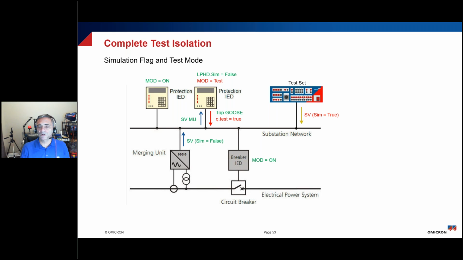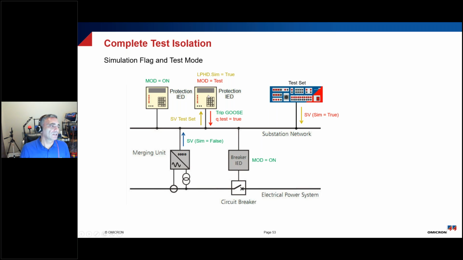So this breaker is not really going to listen to those messages. It'll listen to all the other messages from all the other devices, but it's not going to listen to the message from this device because it knows that this device is in test. And then what we'll do is we'll finally put this device into simulation mode. Once the device is in simulation mode, the currents and voltages that come into the device will have the device work on these currents and voltages.